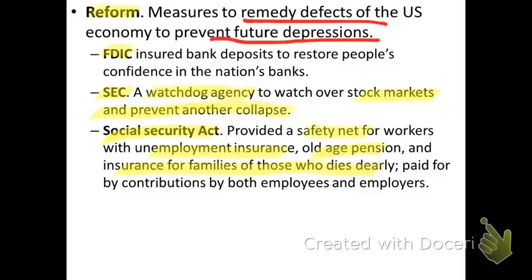But anyway, so Social Security provided this safety net with unemployment insurance, old age pension, and insurance for families of people whose loved ones died early. It was paid for by contributions by both the employees and the employers.